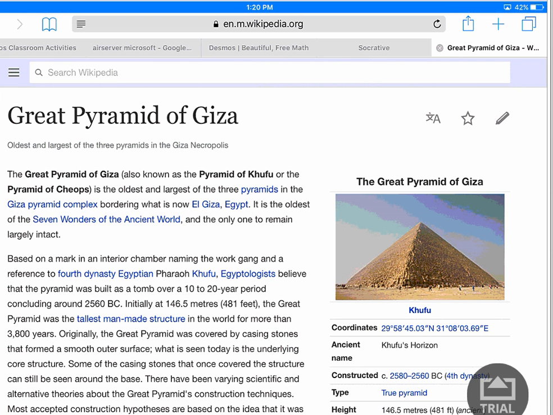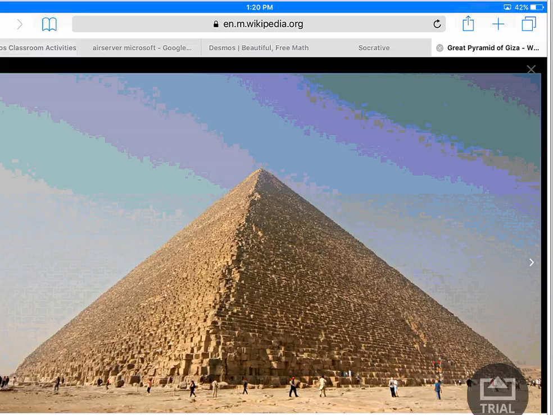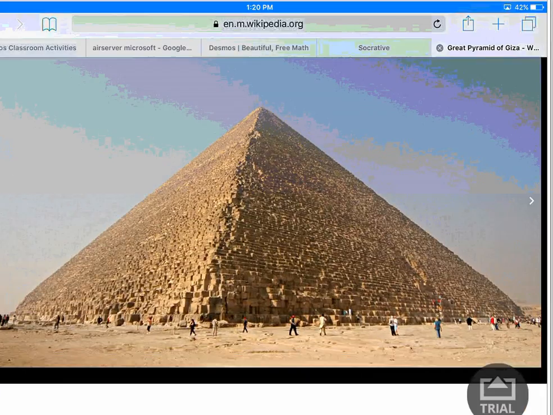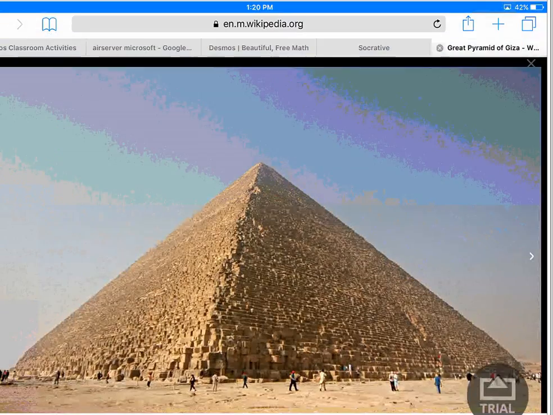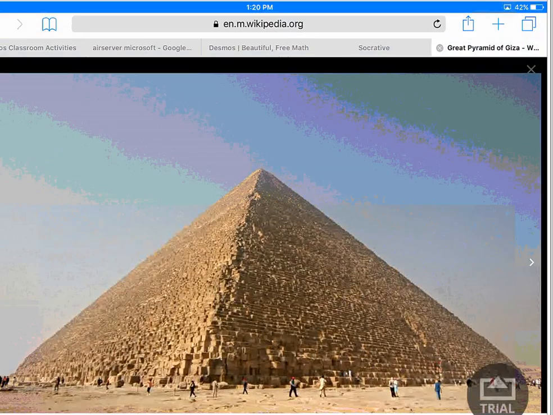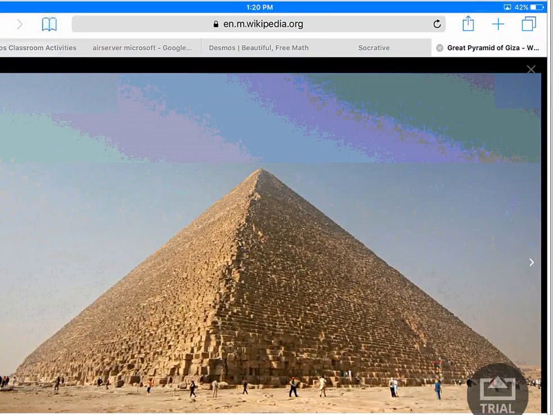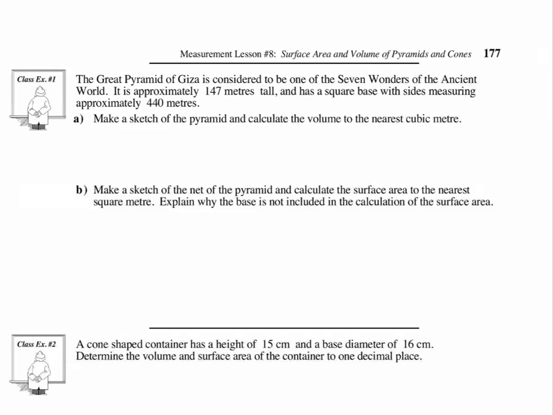There it is. This guy. Isn't that nice? Don't you want to go there? Really? I know, it's pretty impressive though. Okay, so that's that. So, there it is. Now you have a picture in your head.